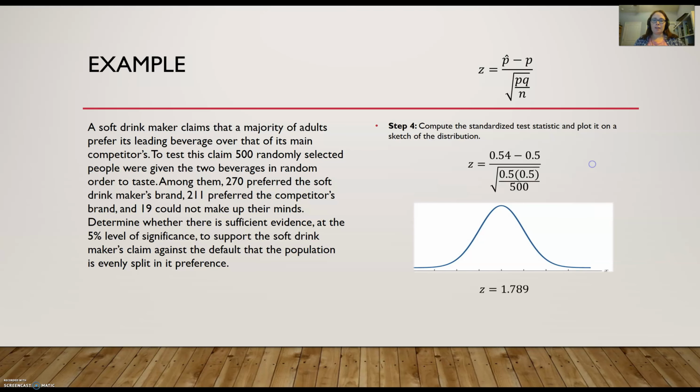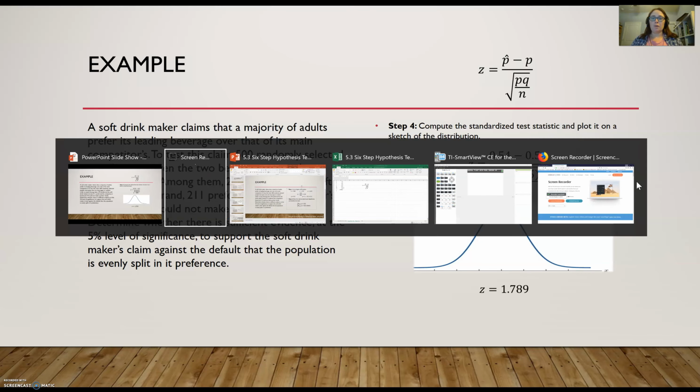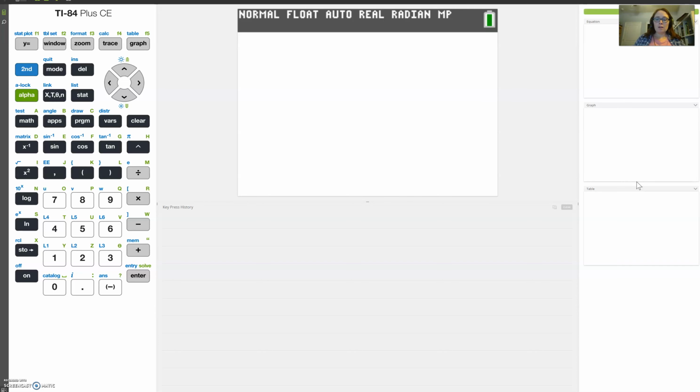So if I plug all that into my calculator, I get a z-score like this. And if you're wondering how in the world do I plug that into my calculator, well, let's take a look at that. I'm going to use parentheses to ensure that the subtraction happens first, before the division. And so that was 0.54 minus 0.5.